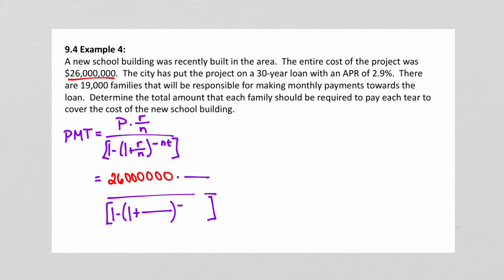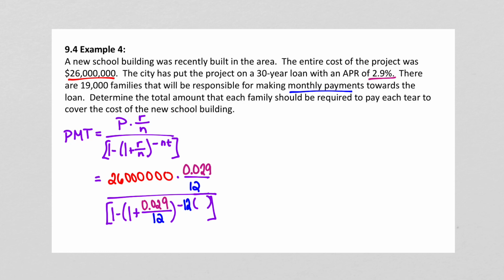Okay, and the interest rate, 2.9%, so that's 0.029. They're going to make monthly payments, so N is 12.